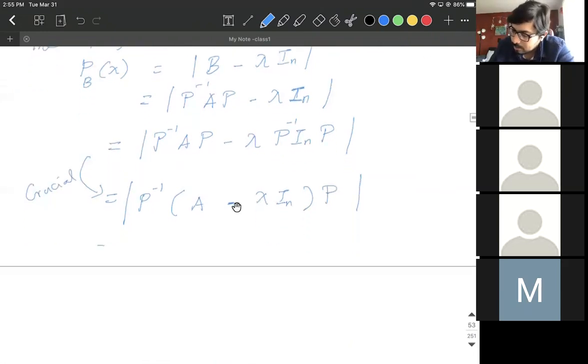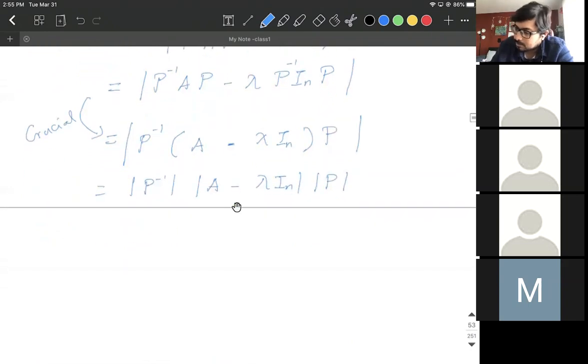Now you know that in the realm of determinants, we have more freedom. So this is the determinant of P inverse times the determinant of A minus lambda I_N times the determinant of P. These are real numbers, so you can write it as the determinant of P inverse times P times A minus lambda I_N, but the determinant of identity is 1.